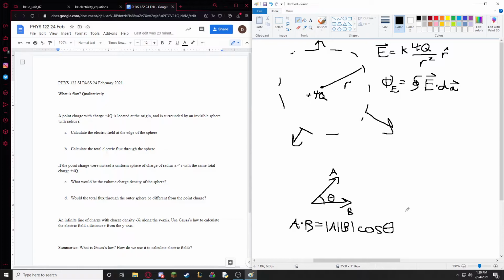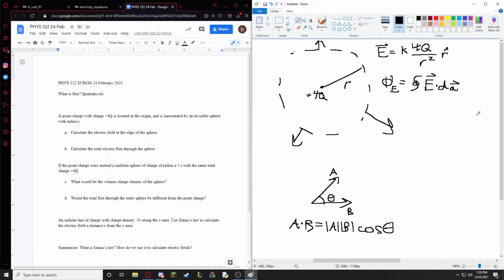So what's the angle between our electric field vector and our area vector at any given point? Remember, what direction is our electric field in? It's radially outward. Exactly.